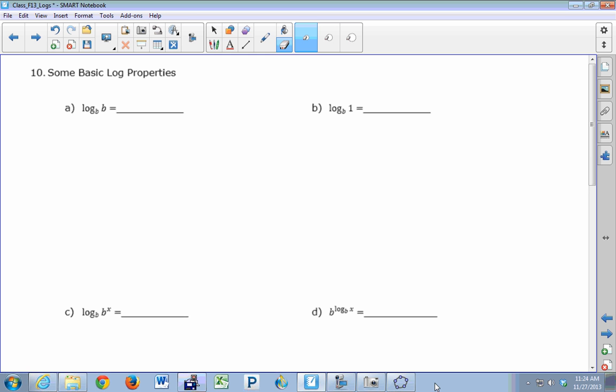Basic log properties. So again, if we just put the power right there, what's our answer? Log base B of B. What's the power? Lift off the power, Shane. What's the power on B?